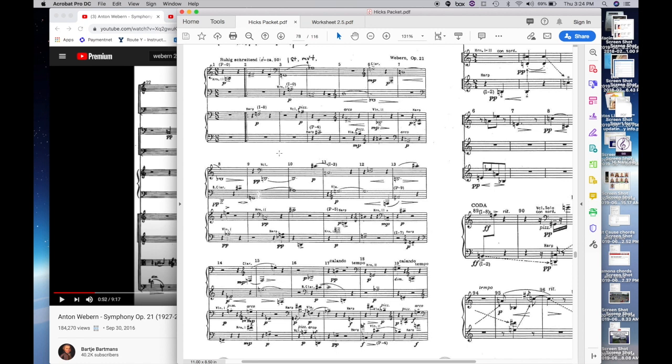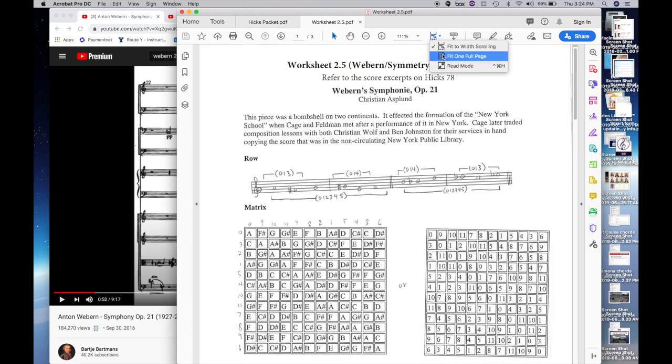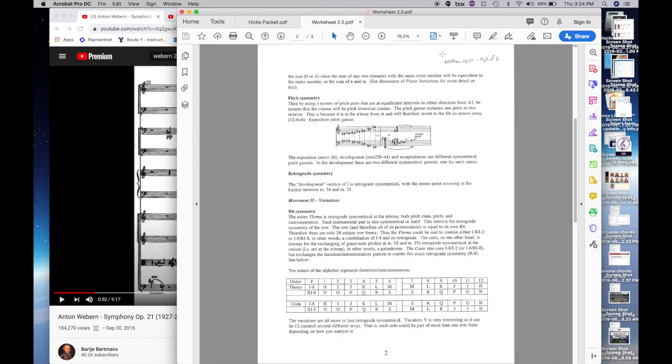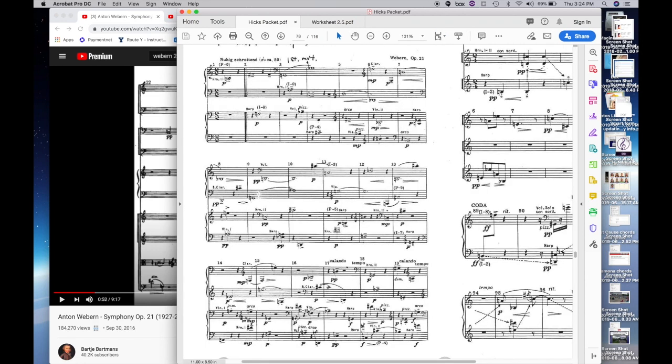Now, we also look at the row forms themselves. You remember when we talked about dyadic invariance, this is a technique that Webern liked to use. Now, keep in mind that in 12-tone music, the most common situation was to have 2 row forms happening simultaneously.